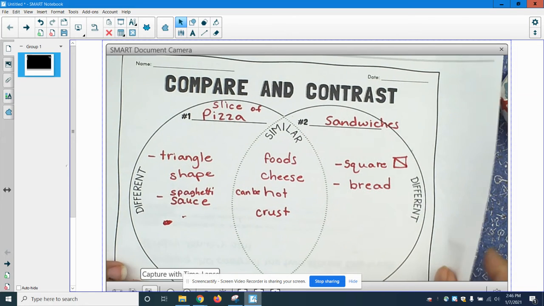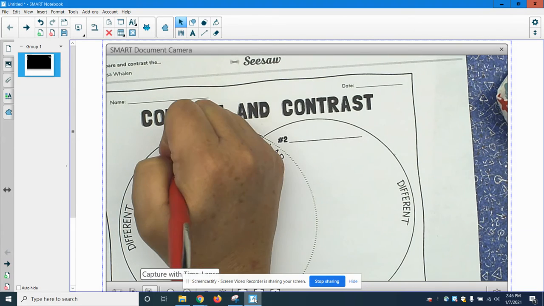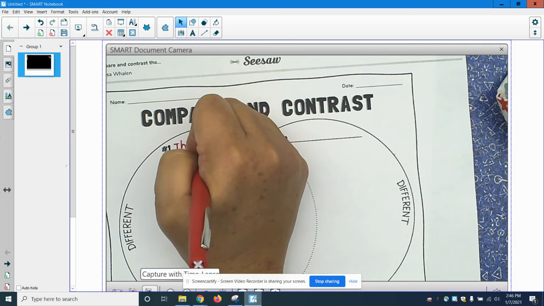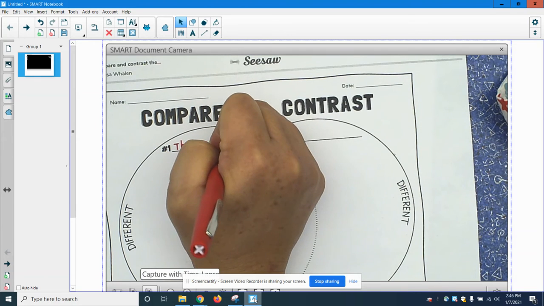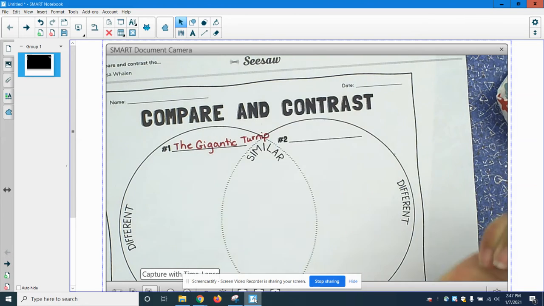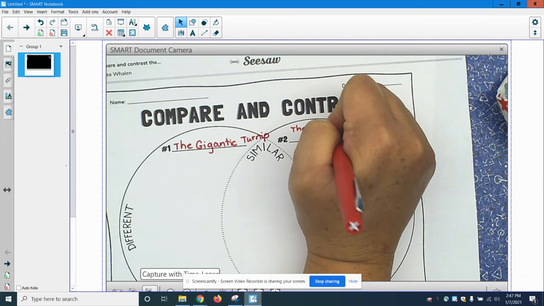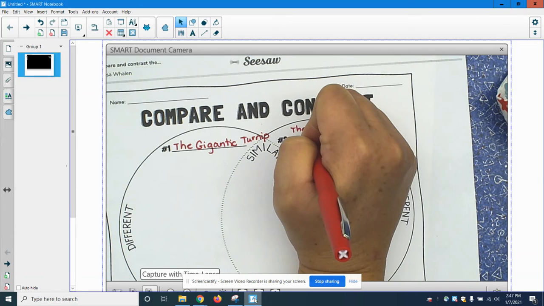So now let's think about the stories that you read this week. We read the gigantic turnip. And we also read the enormous potato.